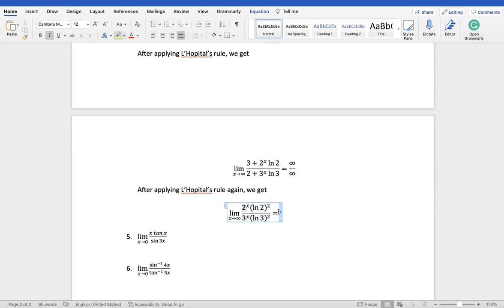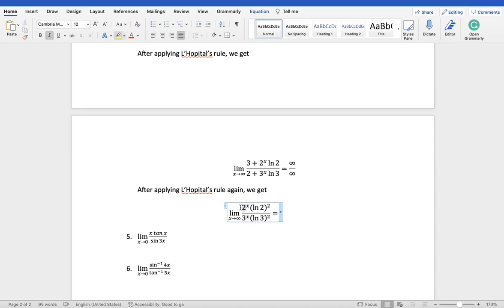So now when you go higher and higher, you can immediately tell that the numerator will be smaller than the denominator. And you know, with exponent functions, as you go higher and higher with values of x, the difference between 2 to the x and 3 to the x is getting larger and larger.